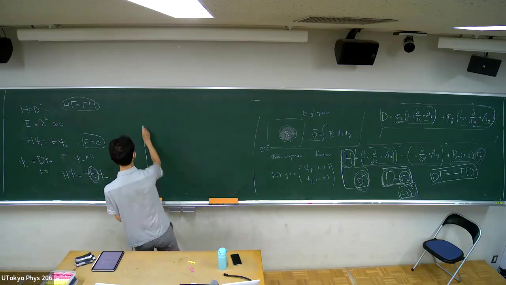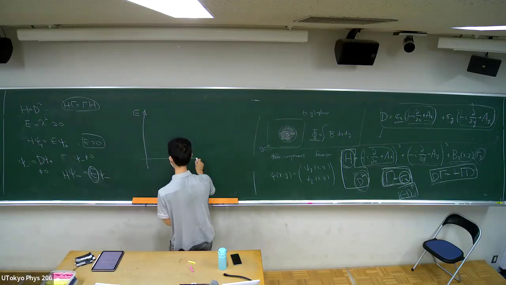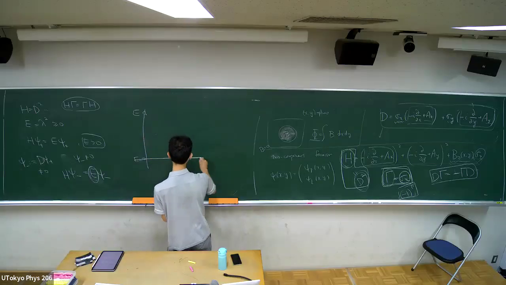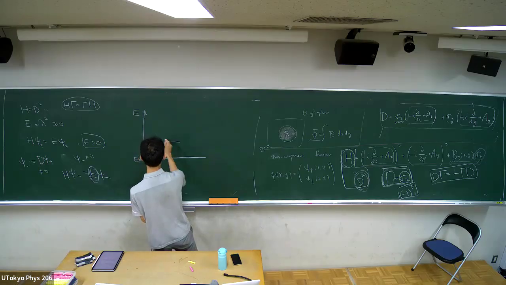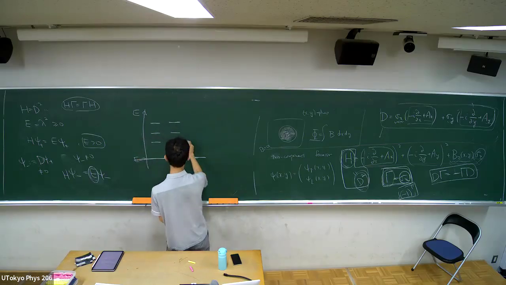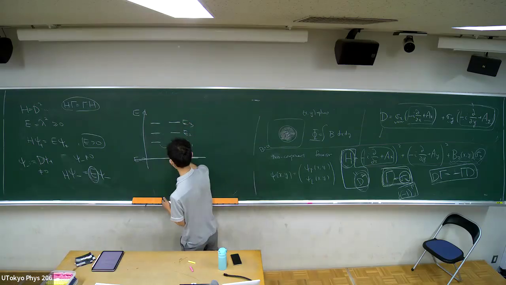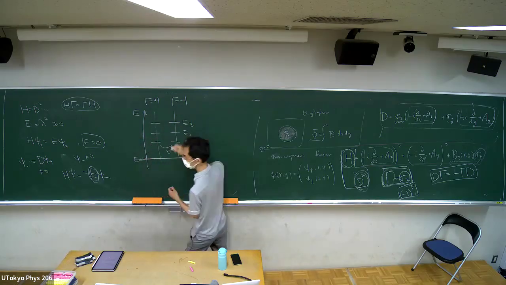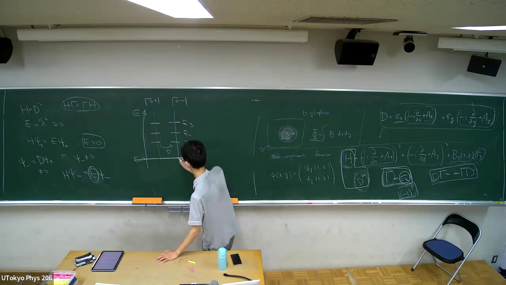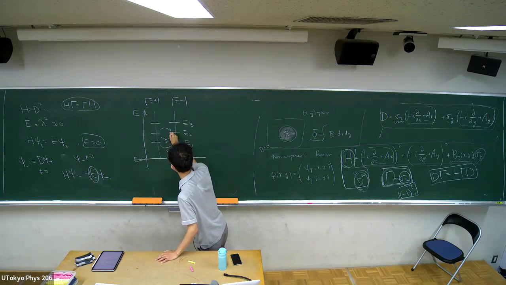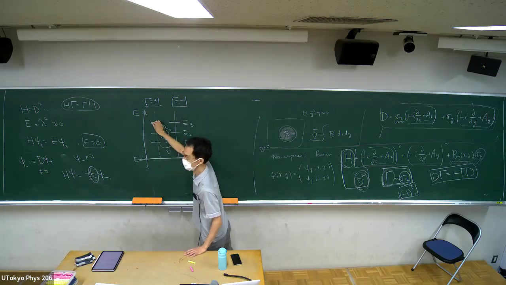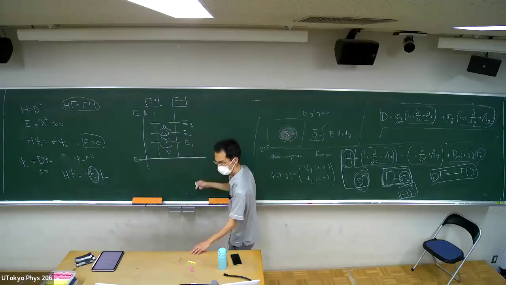So what happens is that if you consider the spectrum, it is bounded from below by 0, and you can have various states, E1, E2, E3. This is gamma plus 1 and gamma minus 1. Applying D exchanges gamma plus 1 and gamma minus 1, and everything is degenerate when E is positive.